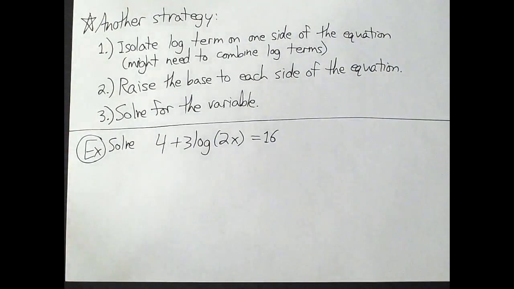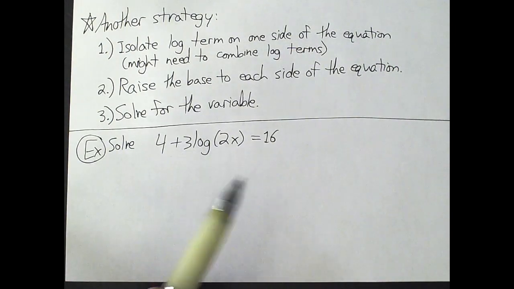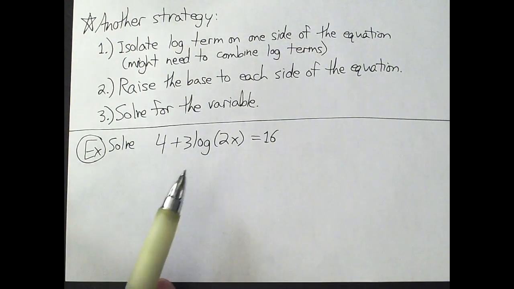So it says to isolate the log term on one side of the equation. One good thing is there is only one log in this problem. It's already on one side of the equation. But it has this other stuff. There's a 4, there's a 3. I want to get them out of here. I want to move them away so that the log is isolated without that other stuff.